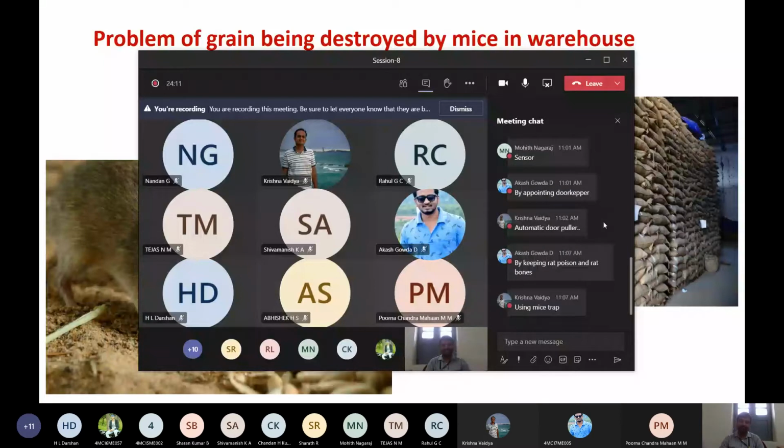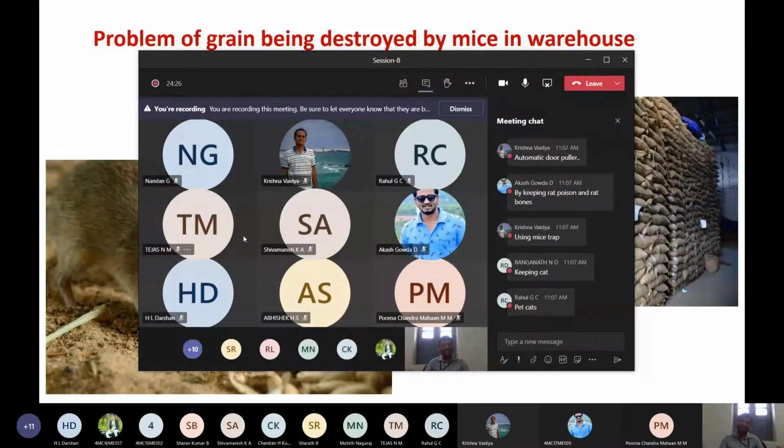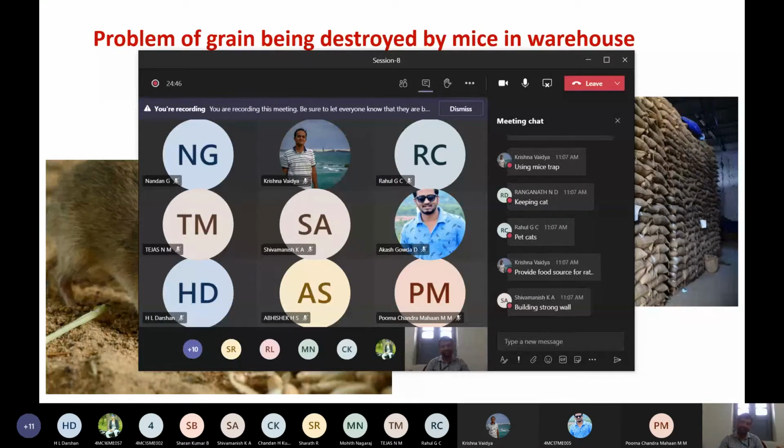Keeping pet cats, that is also a good idea. In houses we follow that idea, usually in villages. We have cats in our house so that they will eat rats. Building a strong wall without any ventilation.